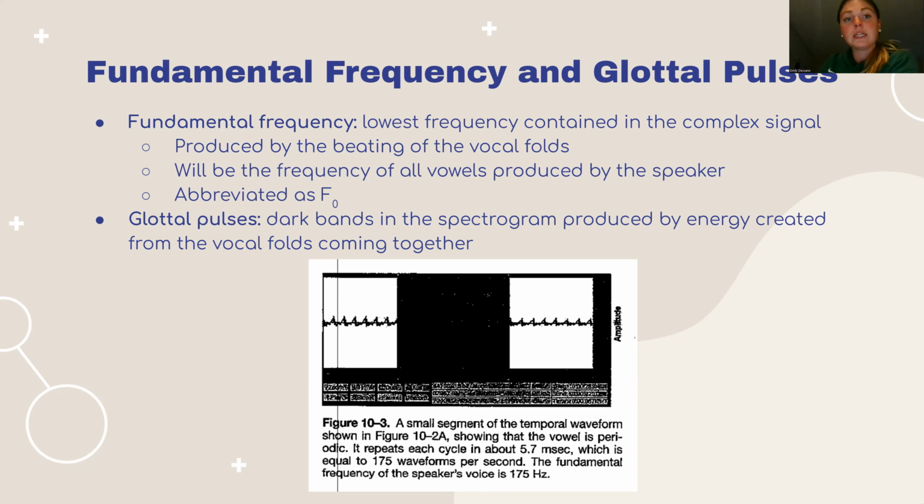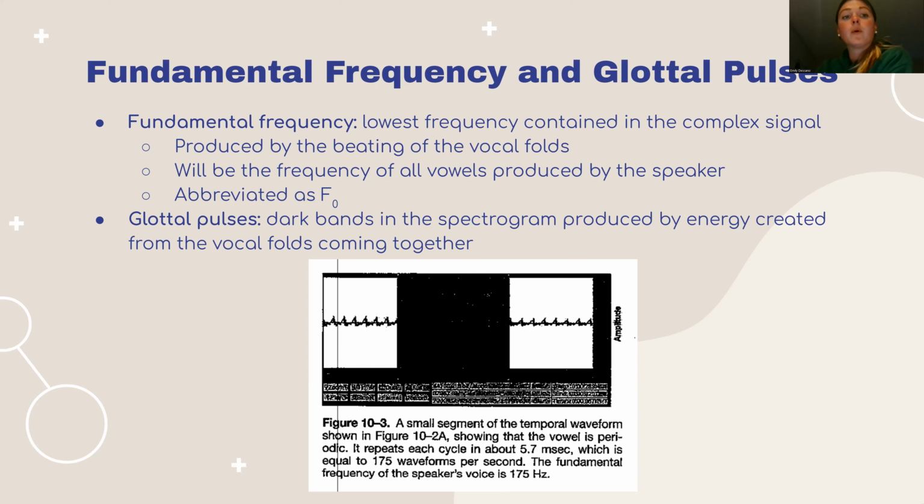the fundamental frequency is the frequency that's actually produced by the vocal cords vibrating. So it's the frequency that your voice naturally produces when your specific vocal cords come together. It's also the lowest frequency component of the signal.